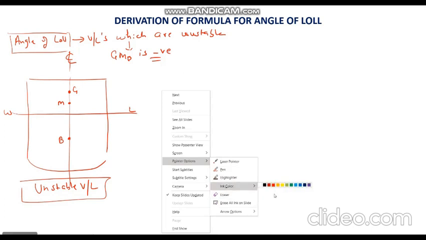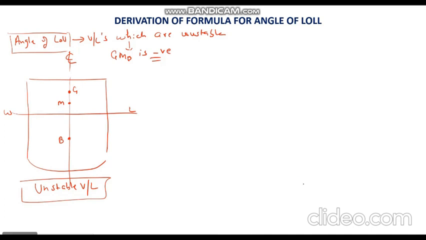Because if she remains upright, then through G the weight is acting downwards, and through B the buoyancy is acting upwards, which is equal to displacement, and they will balance each other and the vessel will be in equilibrium. The problem is not when she is upright. The problem with the negative GM, or unstable condition, is when she does not remain upright.